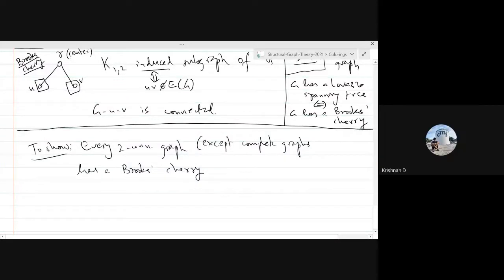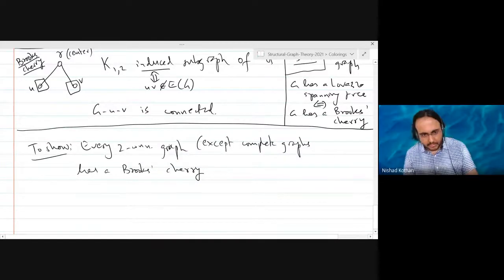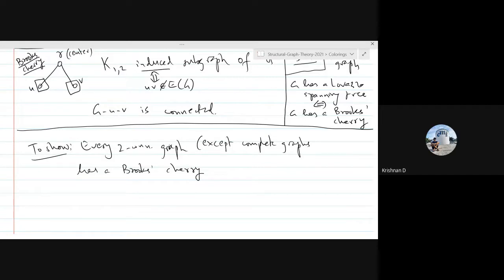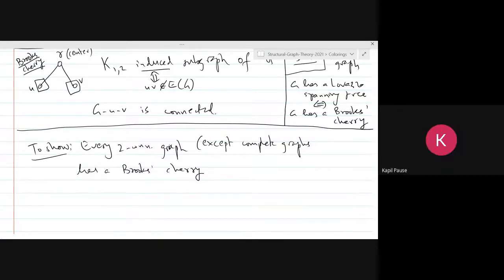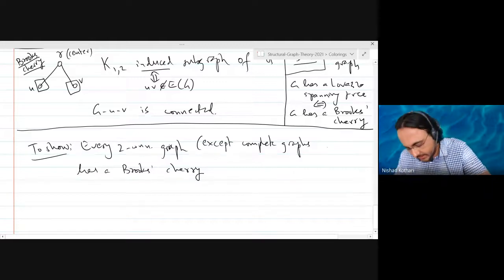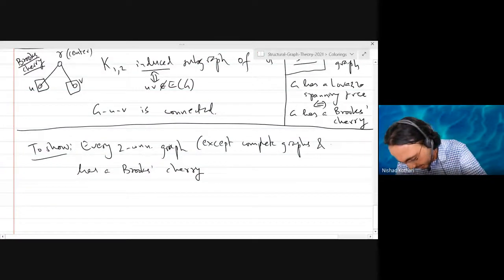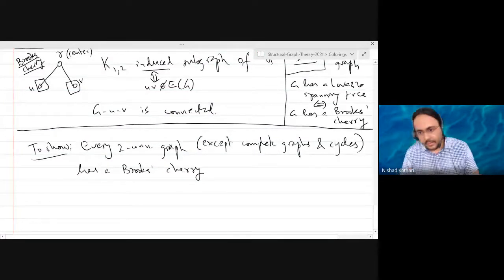Okay, but can you generalize it in another way? So complete graphs, and there is another class that is easy to think of. Cycles. Cycles don't have a Brooks cherry, right? You take any vertex, you delete the two neighbors of that vertex, the graph will be disconnected.